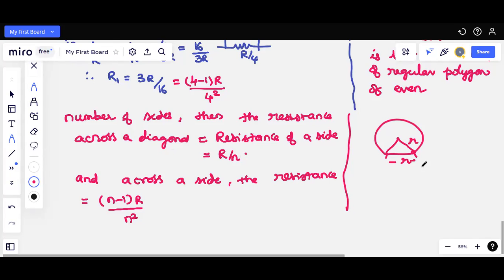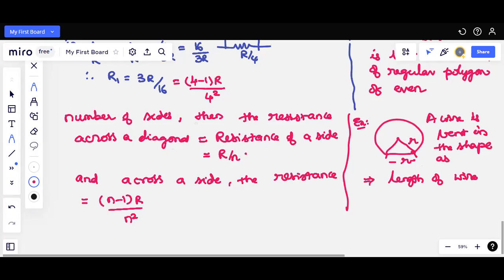Understood now? Then the total length of the wire, that implies L is equal to, can you tell me the length of the wire? A wire is bent in the shape as shown. Some part is a circle, the other part is a straight line.